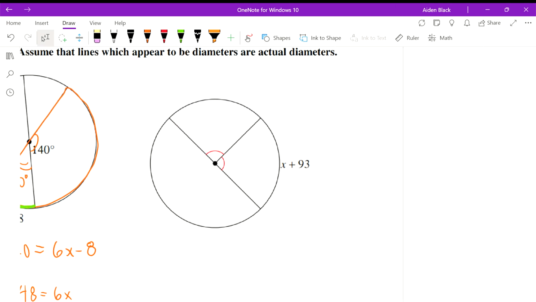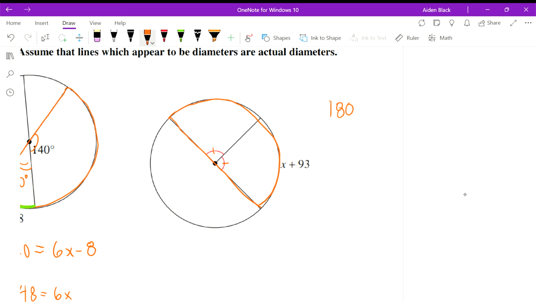And here, you'll see this appears to be a diameter. So all of this should be 180. And what you'll notice is we have these two arcs that show those angles are congruent. So how do you have 180 degrees composed of two central angles that are congruent?